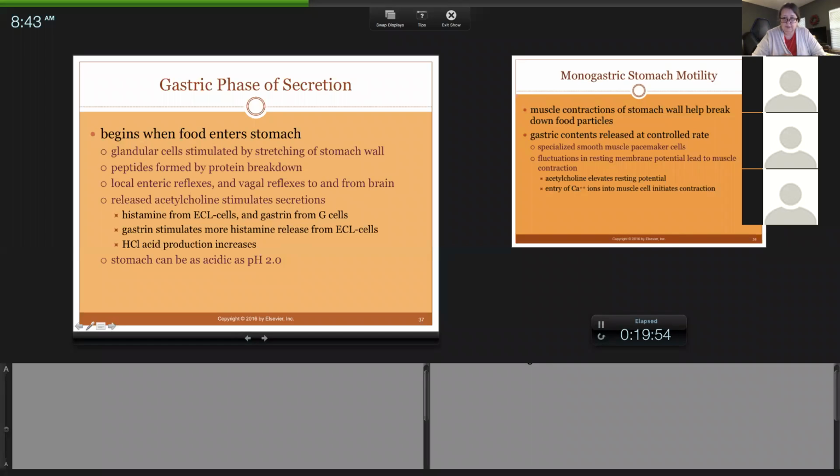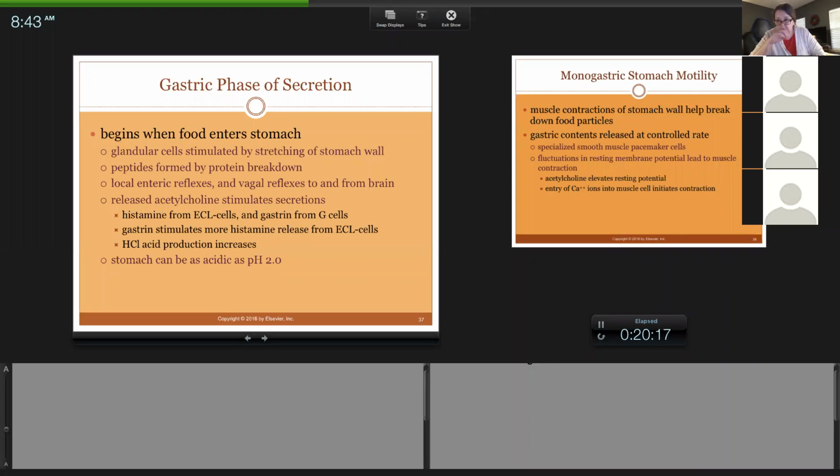Acetylcholine is going to stimulate those secretions. So you've got histamine and gastrin. Gastrin stimulates more histamine. Hydrochloric acid increases. I want you to know this number right here. It says stomach acid can be as acidic as 2.0. Okay. Base is 7.4.